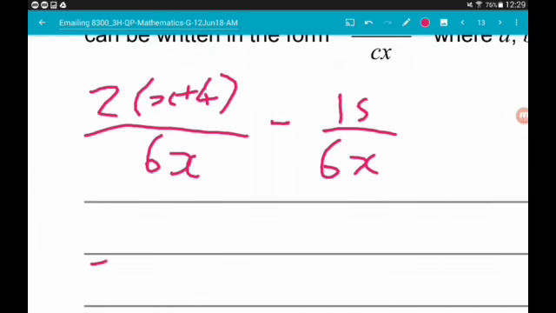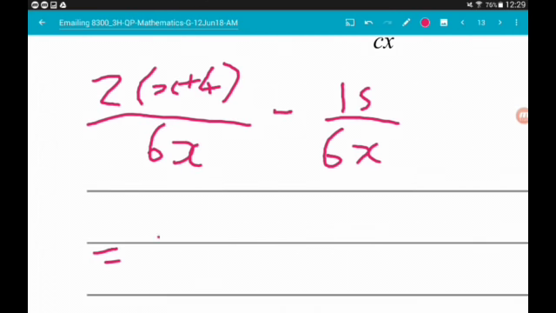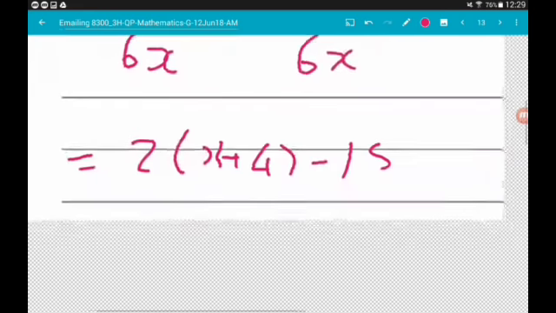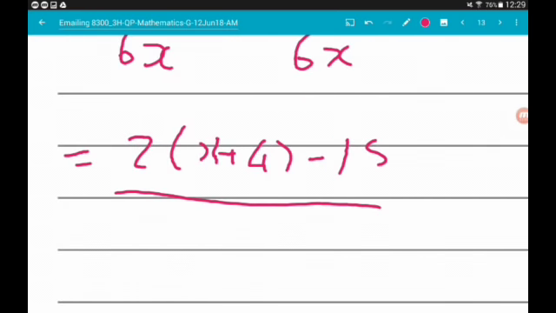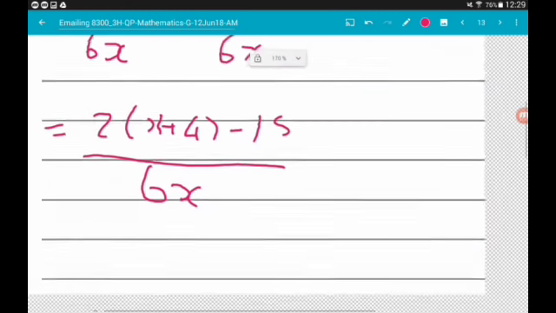Now we have common denominators, so we can write this as a single fraction. So it's 2 lots of x plus 4 minus 15 all over 6x.